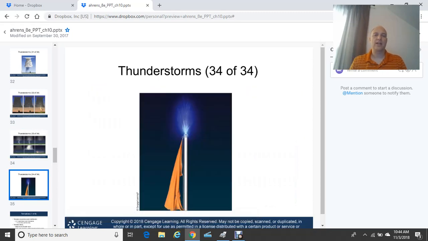Okay, and then this is showing you an example of how taller objects such as flagpoles can really be an attraction or a magnet for lightning strikes. It is a myth that lightning never strikes the same place twice. It does strike the same place twice, and it has.